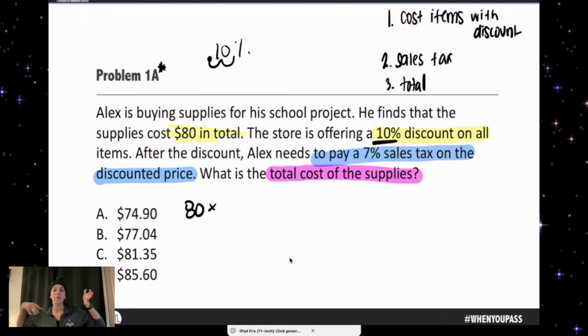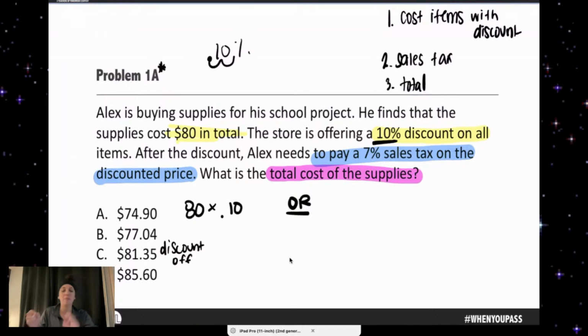So my K3 people or my K6 people, you may not see this entire question, but understanding discounts and percentages is absolutely necessary. Knowing how to convert between decimals and percents is super critical. So I can multiply 80 times 0.10, and then that will give me the discount off.